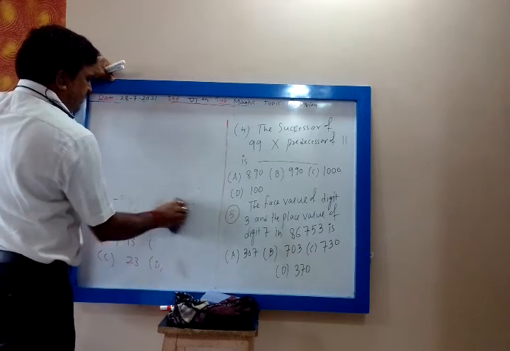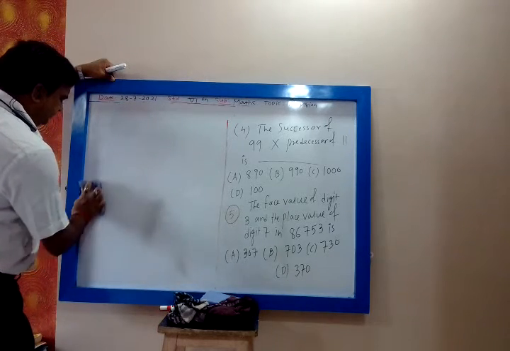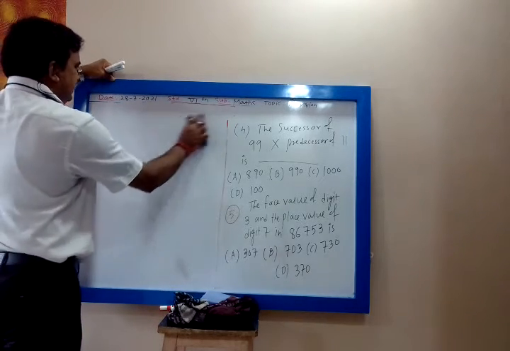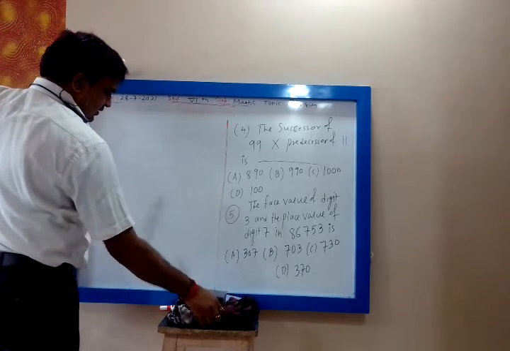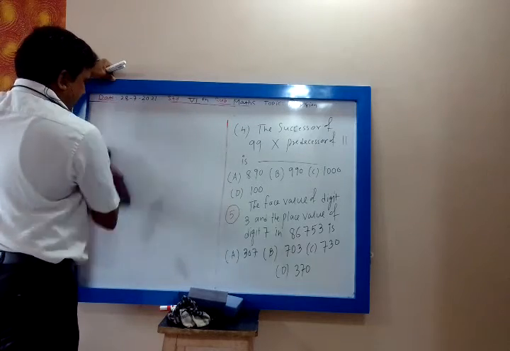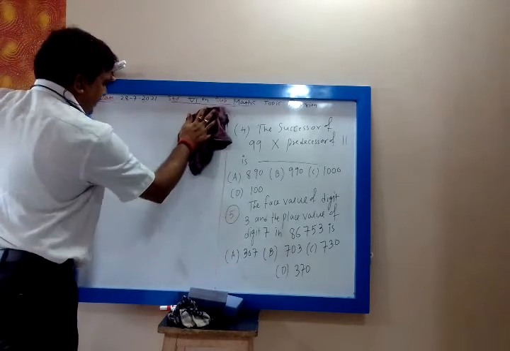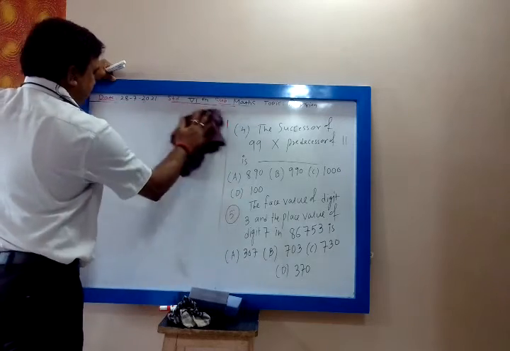Roll number 13, division B. What is the answer? Yes, Sia, what is the answer? Or you have just joined, you are not giving the response, my dear. This is the remedial class. You have to give the answer.